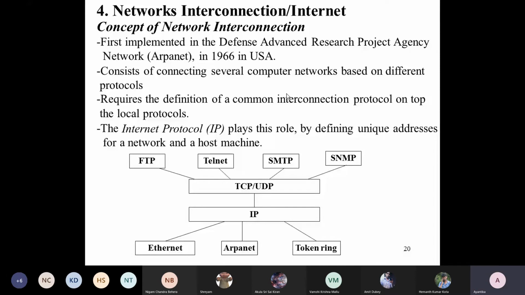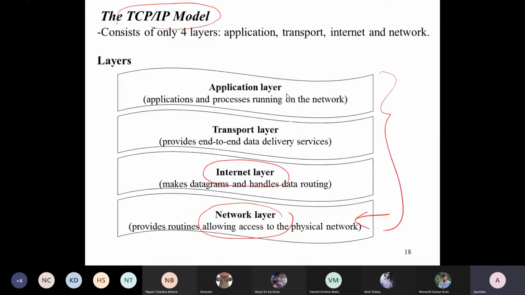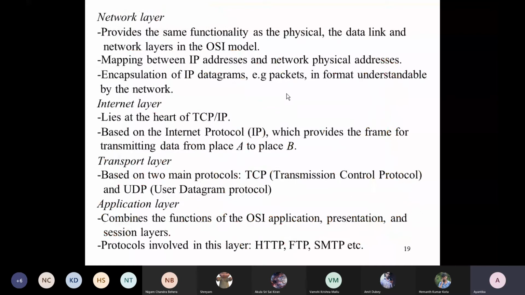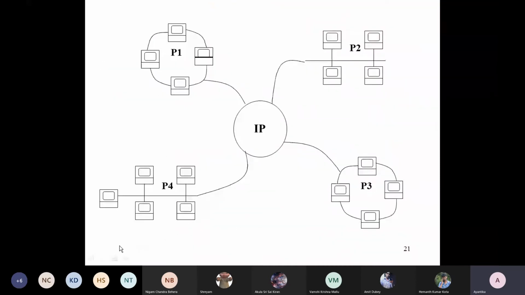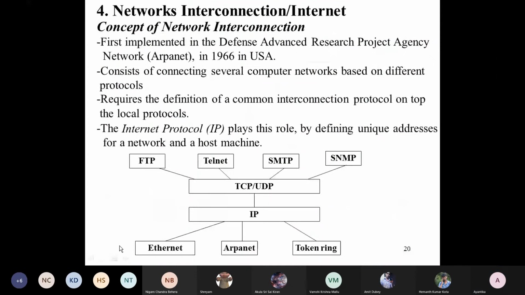Now, when we talk about the TCP/IP model, you can understand that the main basic building block protocols here are the IP protocol and the TCP protocol, where TCP is basically for port-to-port connection and port-to-port delivery confirmation.